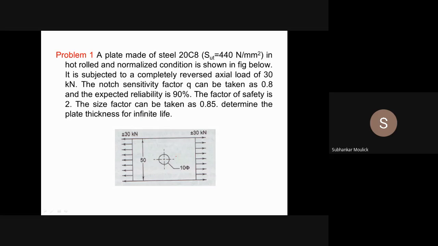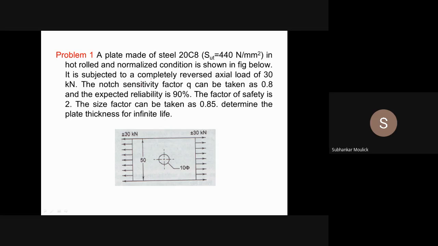In this steel plate, at the central portion, a hole of diameter 10 mm is drilled. Width of the plate is 50 mm, and the plate is subjected to reversed loading of 30 kilonewton. Due to this reversed loading, the component is failing by fatigue.